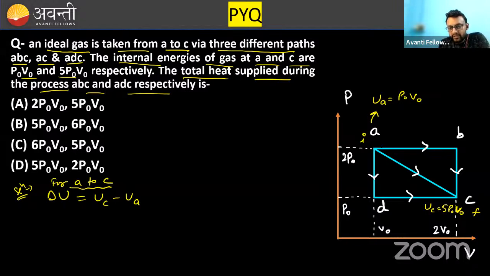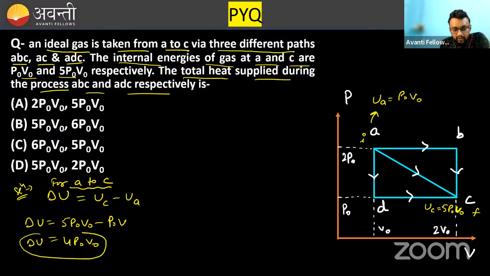Final point is C, initial point is A. So delta U is equal to the internal energy at C, which is 5 P naught V naught, minus P naught V naught. That is 4 P naught V naught. This is delta U. Okay. Now, moving further.